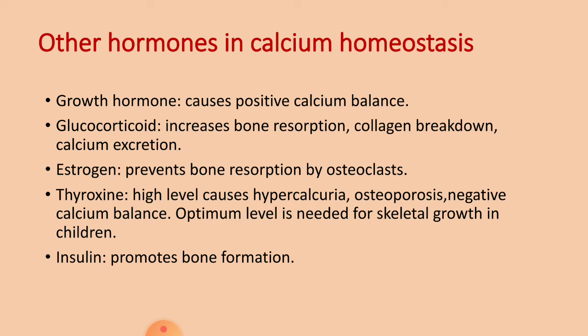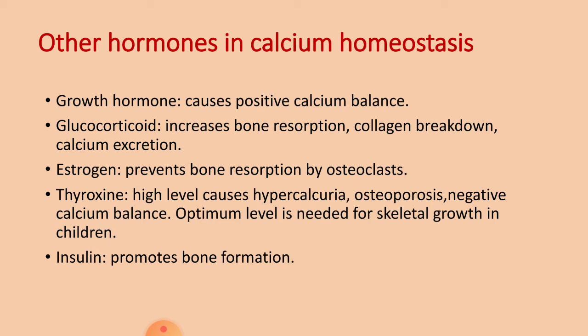Whenever there is growth hormone deficiency, there occurs more calcium excretion rather than intestinal absorption. So, growth hormone leads to calcium retention in the body. It also helps to generate IGF-1, that is insulin like growth factor 1, which helps to form proteins which are responsible for bone formation.